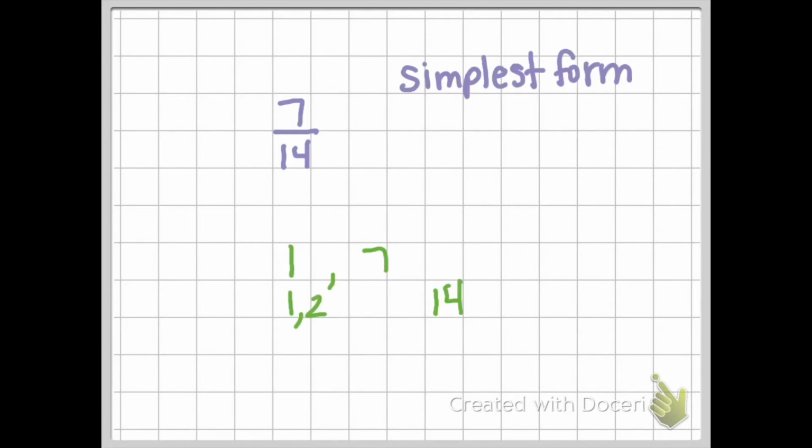I can multiply 2 times 7 is 14. 3 cannot be divided into 14. 4 can't be divided into 14. So right away, I can see that both have 7 in common. So I can simplify or reduce this by dividing the numerator by 7 and the denominator by 7. And when I do that, I get an answer of 1/2.